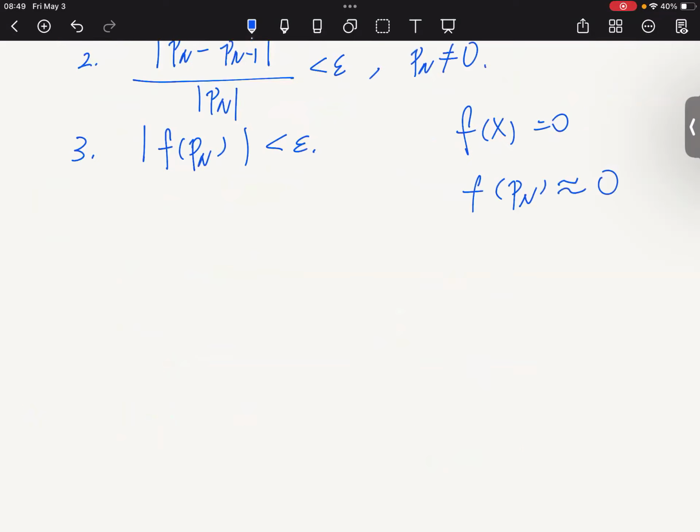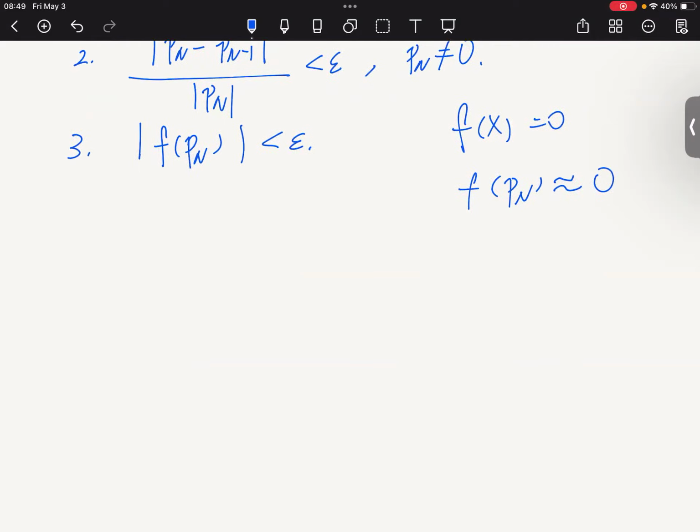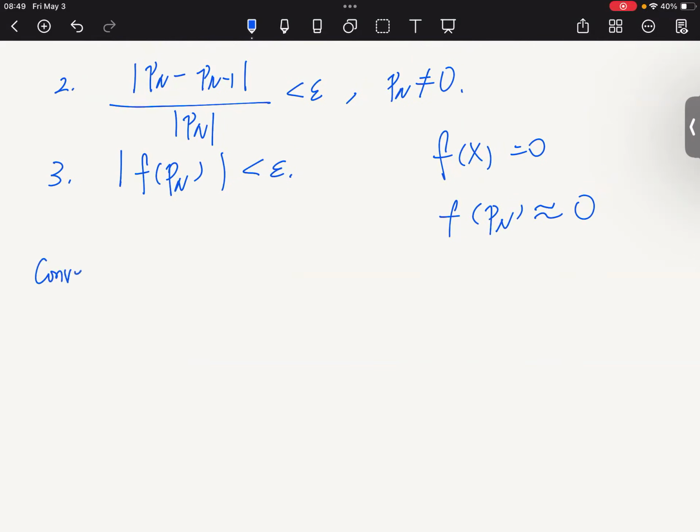Let's discuss this one last time. We're going to see the convergence rate for the bisection method.